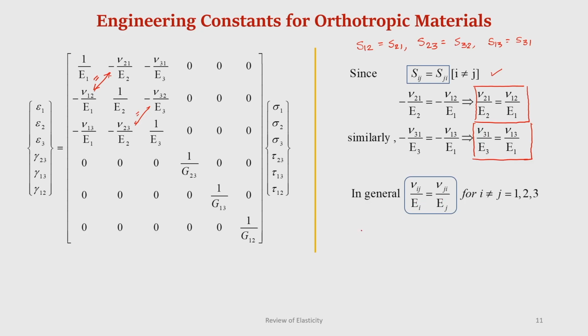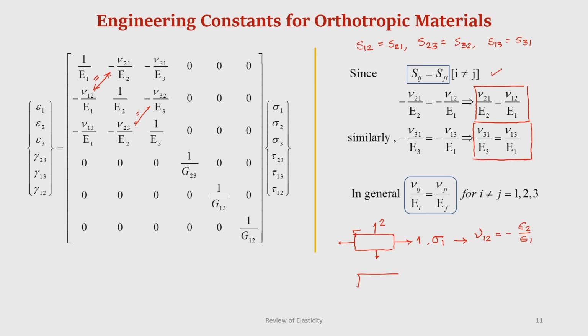Please note what is nu 12 and nu 21. Suppose this is our direction 1, this is our direction 2. Okay. Suppose if we apply only sigma 1, then nu 12 is equal to minus epsilon 2 by epsilon 1.